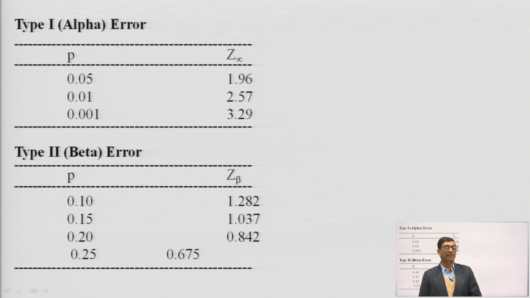If type 2 beta error is equal to 10%, then the value of z is 1.28, and if the value of beta is 15%, then the value of z is 1.037, and if the value of beta is 20%, then it will be equal to 0.842, and if the value of beta is 25%, then the value of z is 0.675.